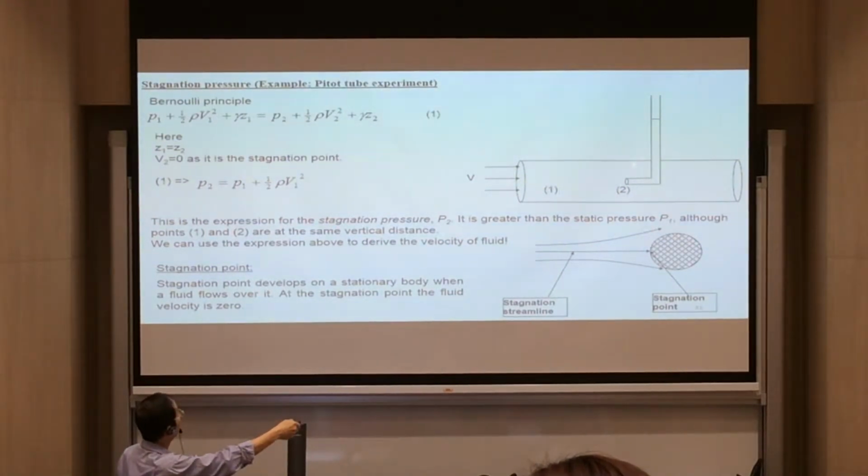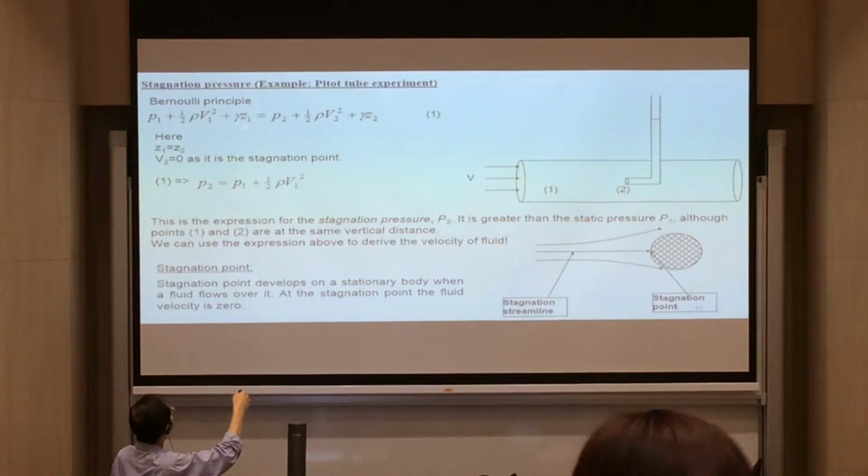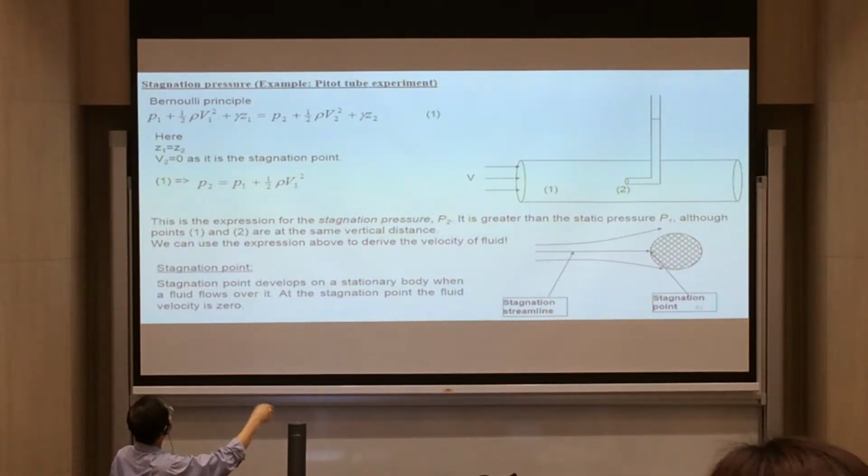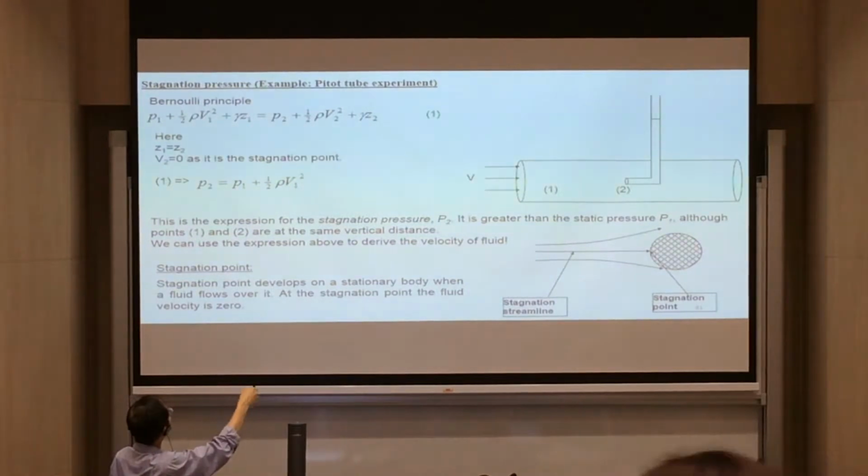Therefore, the stagnation pressure is P2. If you put what I just said into this expression, V2 is 0, and Z2 will cancel out with Z1. Because it's all water, the rho, the gamma, is the same, so this one will cancel out this one, and this will be 0.